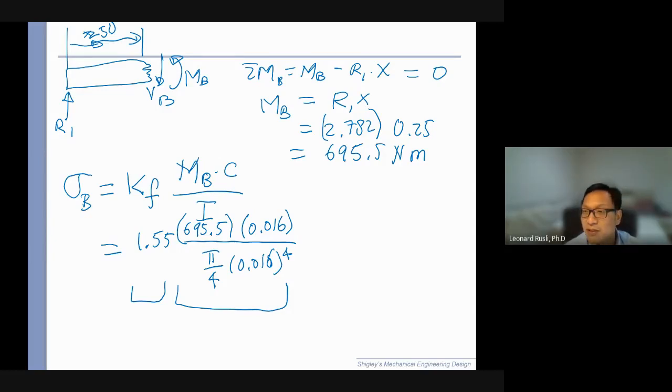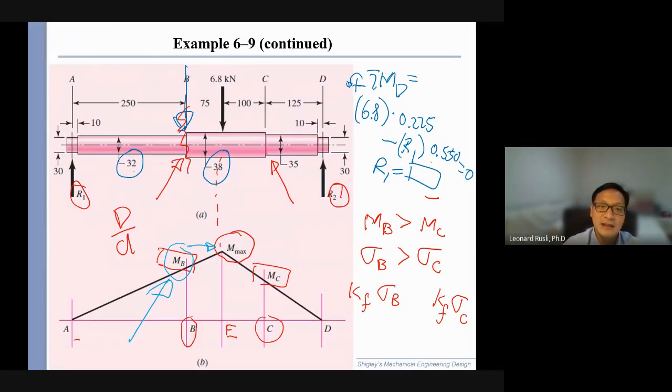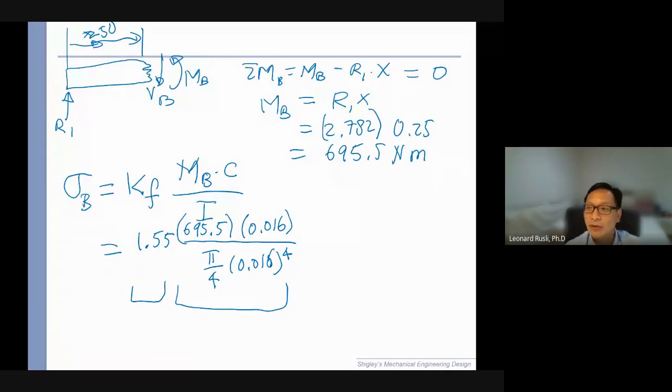C is 0.016, because we use the smaller diameter. So for Mc over I, the c or radius we take from the smaller body of the shoulder. Its diameter is 32, so the radius is 16. That's why we use 0.016. Everything is in meters, by the way.